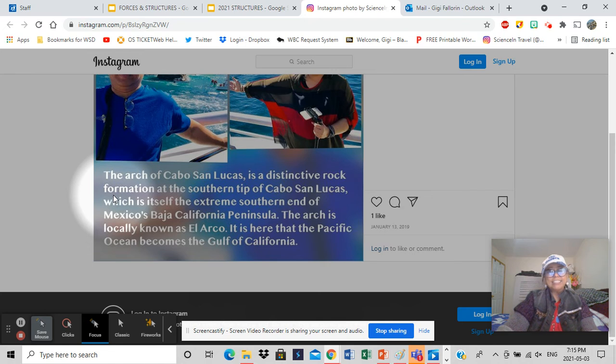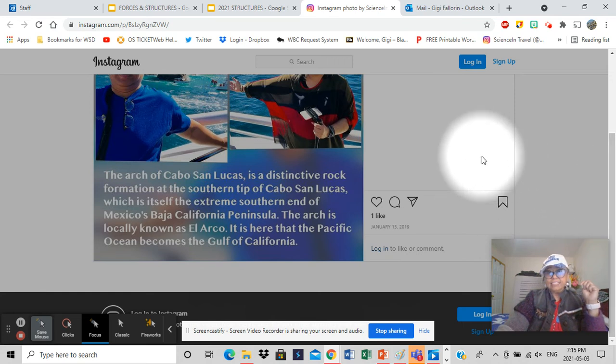Definitely, yes, it's a mass structure. It's a distinctive rock formation at the southern tip of Cabo San Lucas, which is itself the extreme southern end of Mexico's Baja California Peninsula. The arc is locally known as El Arco. It is here that the Pacific Ocean becomes the Gulf of California.